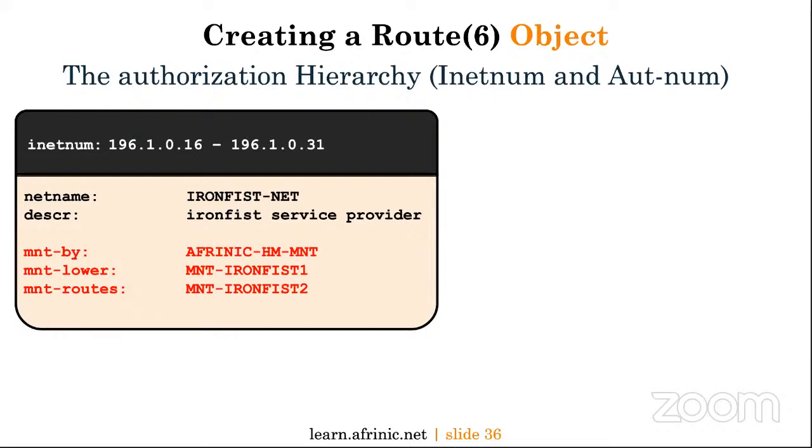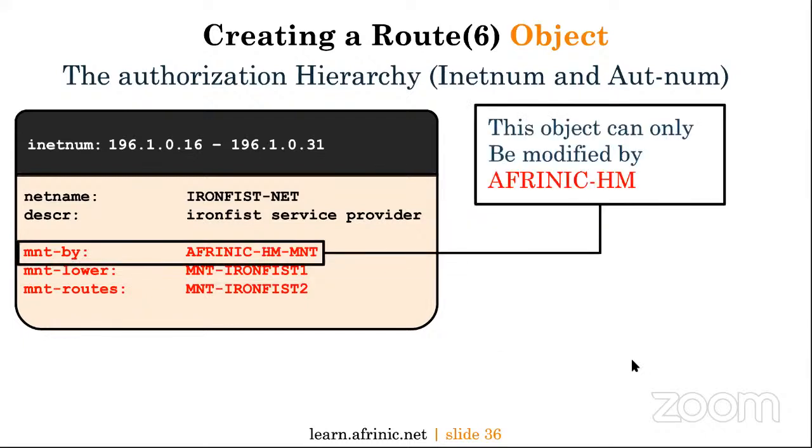It's simply because when you're creating a route object in the AFRINIC database, the authentication is done against the maintainer referenced in the inetnum. So if the inetnum itself is not registered in the AFRINIC database, you will not be able to authenticate and create the route object, right? So it's only possible to create route objects for IPv4 and IPv6 prefixes that were issued by AFRINIC.